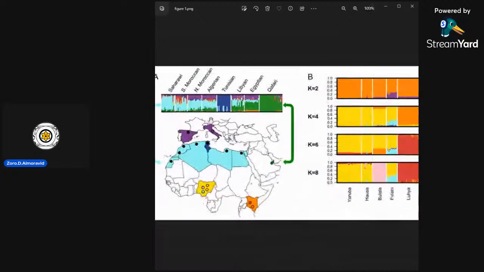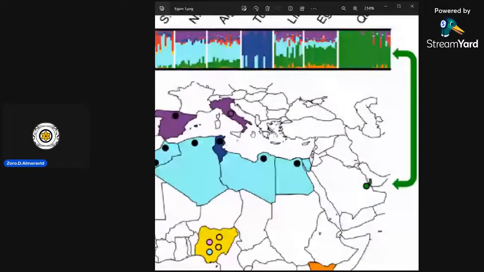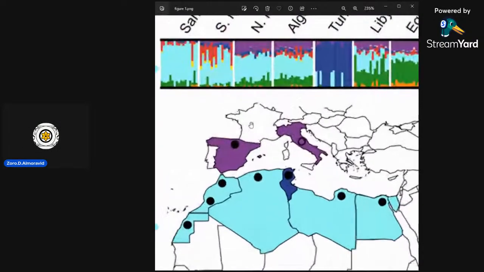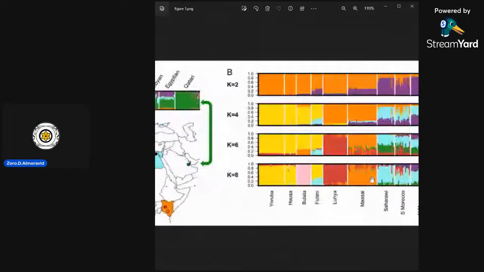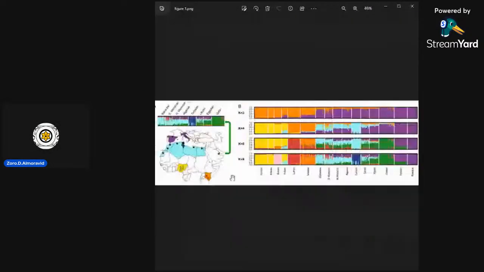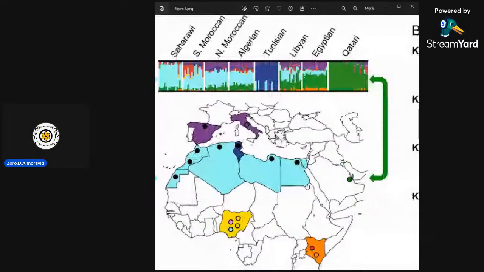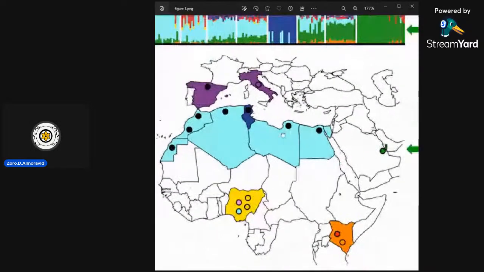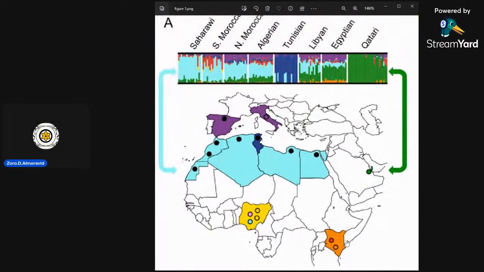The Near Eastern component is also present, but in very minimal amounts. If we can see, for example, we have the Luhya. So the Luhya are basically the East Africans here. So when we go to Morocco, we can see also not only West African, but in fact, more East African components.